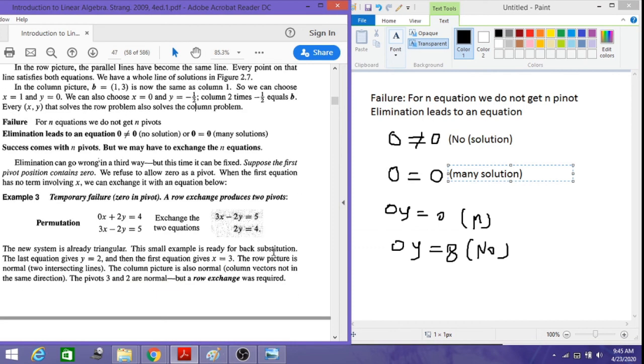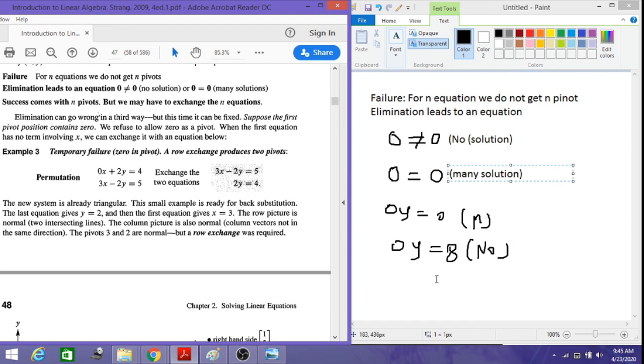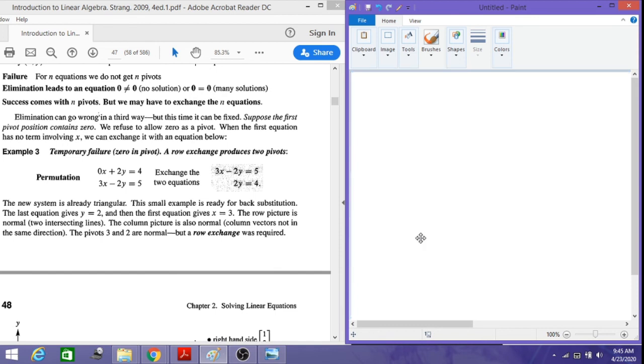So now let us look back at a temporary failure example here. I'll just clear the screen. Let us take one more example: 0x plus 2y equal to 4 and 3x minus 2y equal to 5.